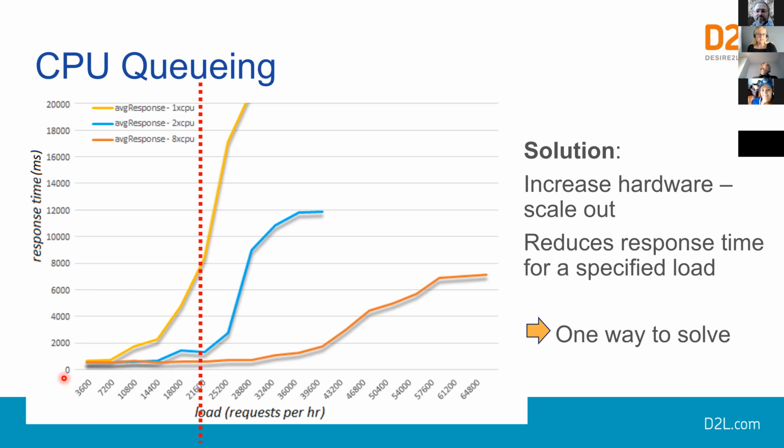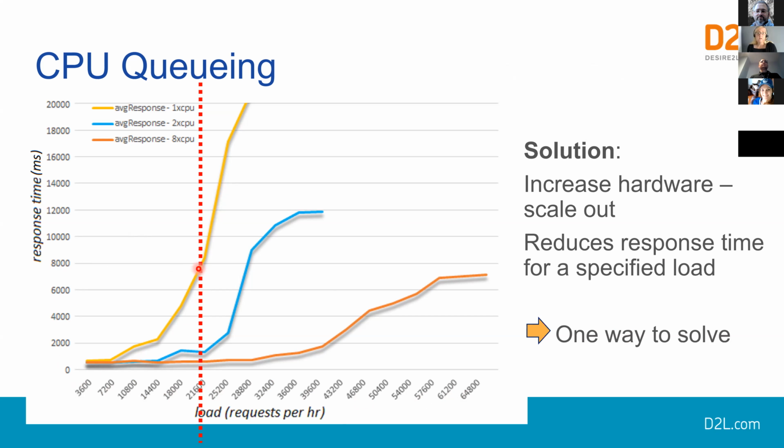On the y-axis, we have increasing login requests per hour. Along the x-axis, we have increasing response time. And at some arbitrary load of 21,000 requests per hour, on a single processor, we see a pretty slow response time of about 8 seconds.